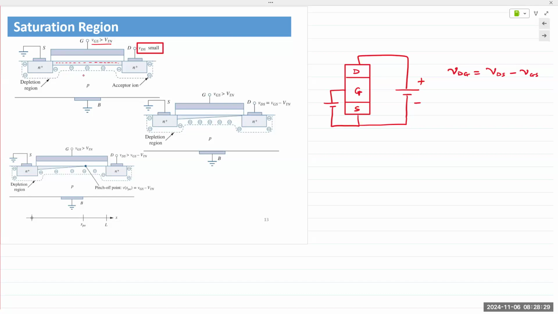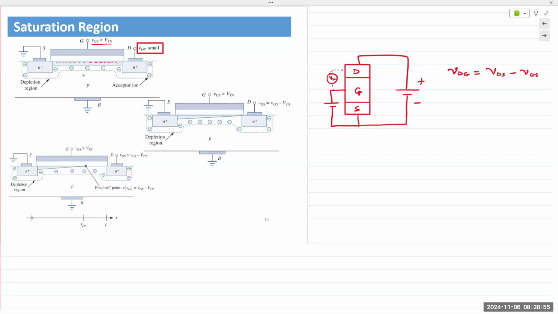Now VGS crosses the threshold voltage, the channel is established, and you apply a positive value of VDS. So VDS starts to increase. At some point, the difference between the drain and the gate is going to keep increasing.